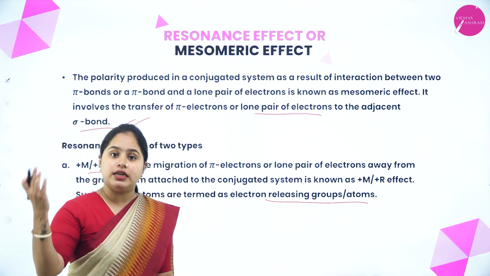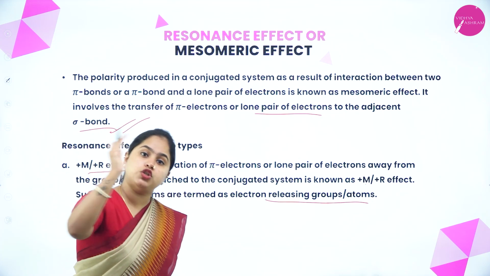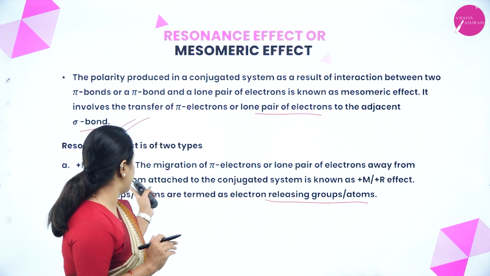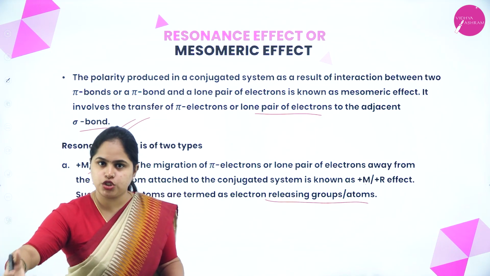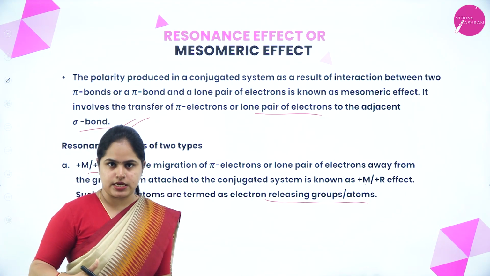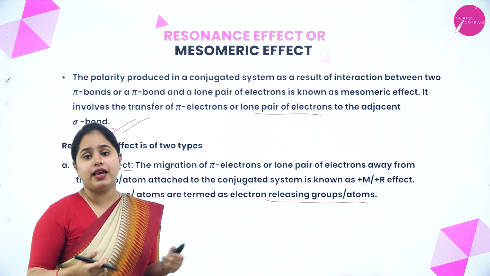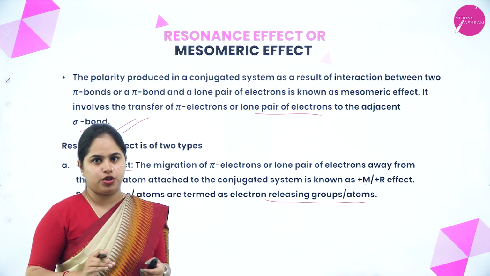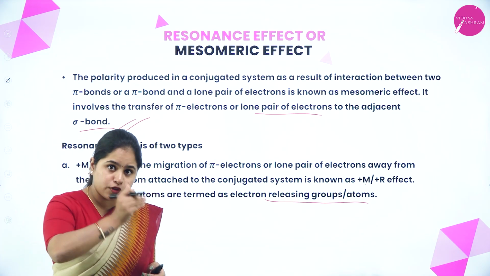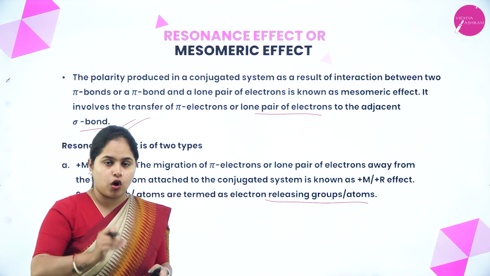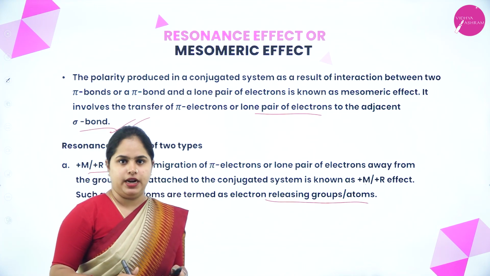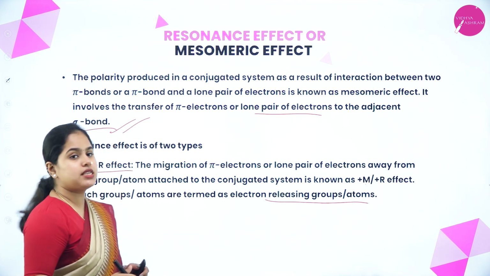The electrons will be transferred to the carbon atom. Okay, what does that mean? Electrons are taken away from the group attached to the conjugated system, which means the electrons will be given to the carbon atom. Right, so that is plus R effect.